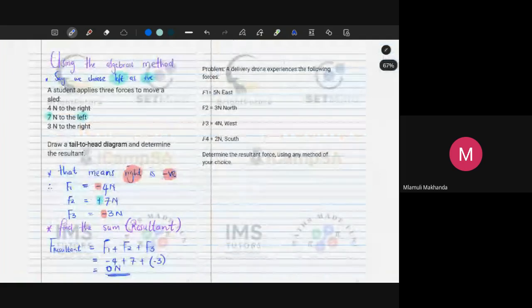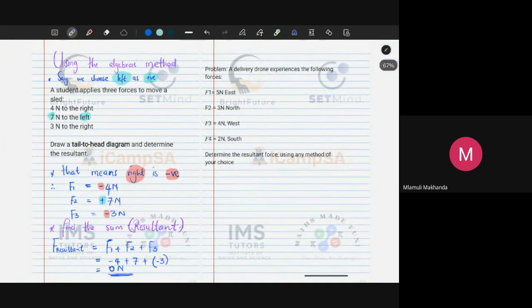So you see, this one took us 2 steps. Very quick, we decide the direction we want, and we sum everything else. And whatever direction we get, we choose that as the direction of our resultant. But in this case, the resultant is 0, so there's no need to choose a direction because it's just not there. Everything else cancels out, and then there's no resultant left. That's what it means.